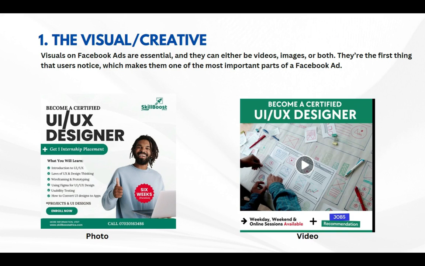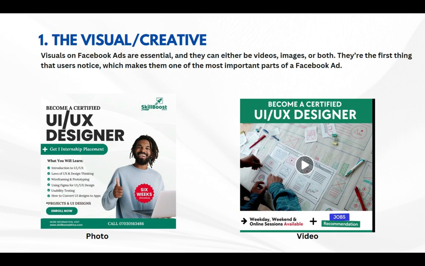The first structure or anatomy of a Facebook ad that you should consider is the visuals. People are moved by what they see. So visuals on Facebook are very, very essential. And when we say visuals, we mean videos or images or both.